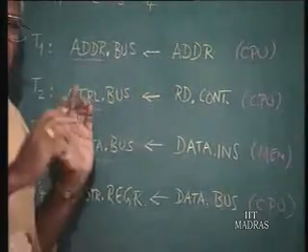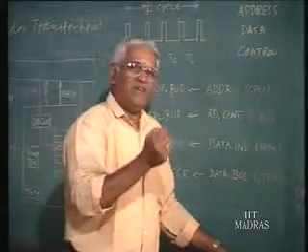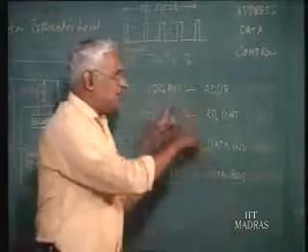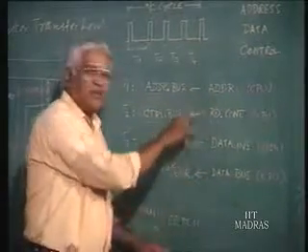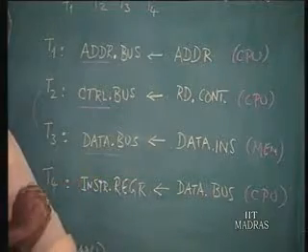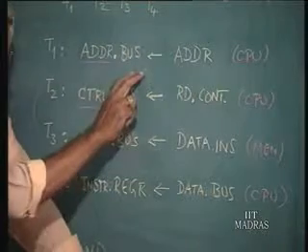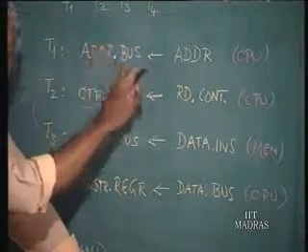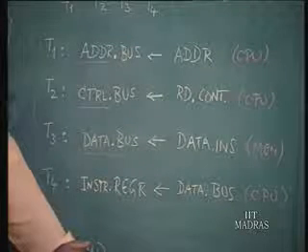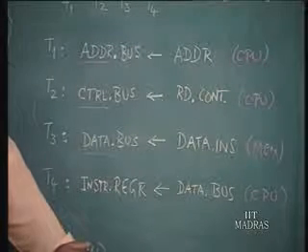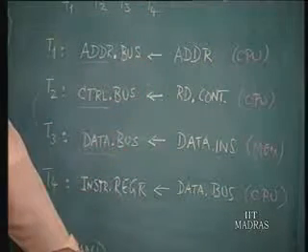In other words, the program consists of a sequence of instructions, and when one instruction is taken, essentially we have a sequence of these steps. These are actually called micro instructions, because we are talking about an instruction consisting of a sequence of micro instructions.